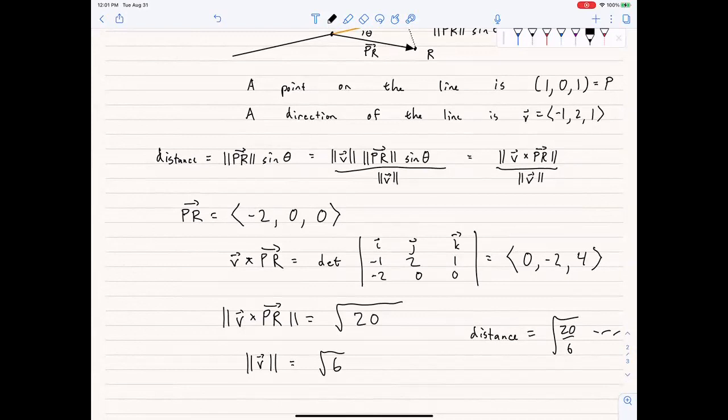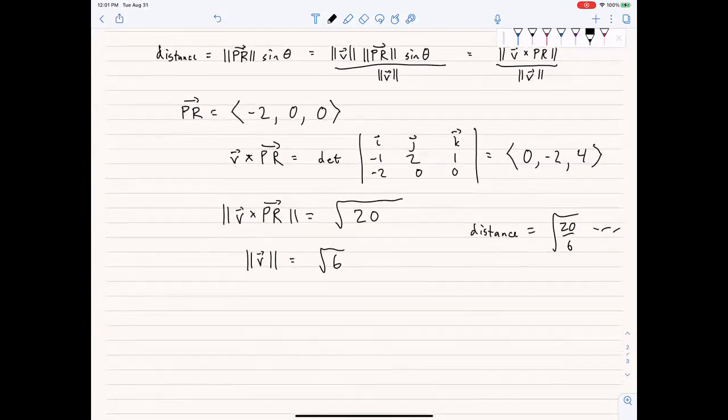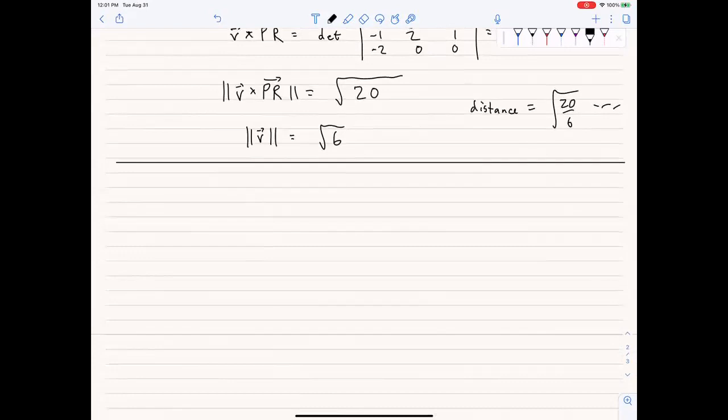So enough of lines. Let's talk about planes for a moment. Okay, so let's say we have a plane in 3 space. This is going to be some plane.